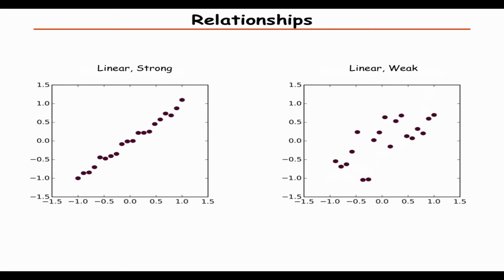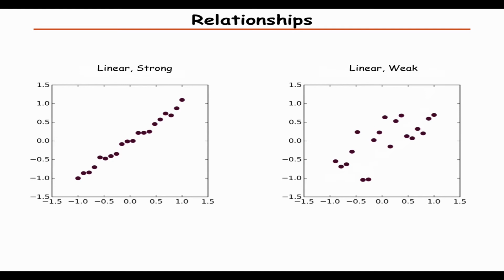While on the right side we see a much weaker relationship. There's still some relationship there, but the error in our measurements is quite large, so we won't be able to very clearly define what the relationship is.